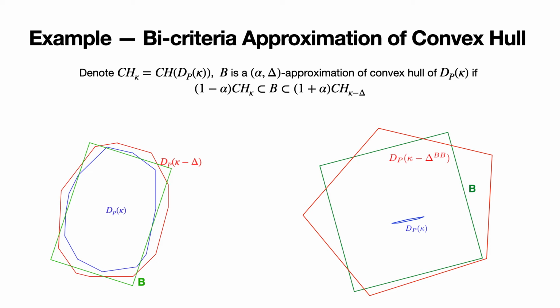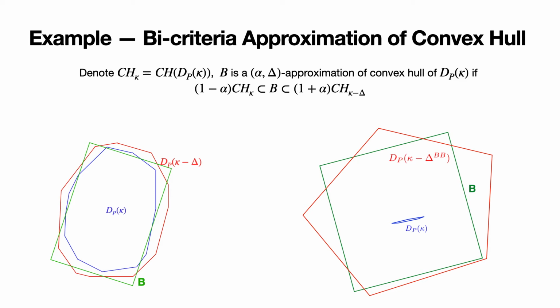While for the figure on the right, the kappa Tukey region is quite small compared to the shallower Tukey region. So although B satisfies this bicriterial definition, we can see that this approximation is not that accurate.